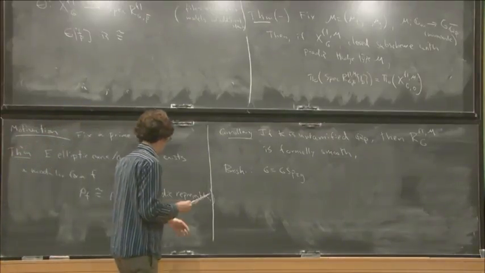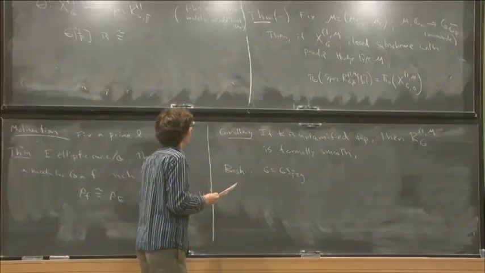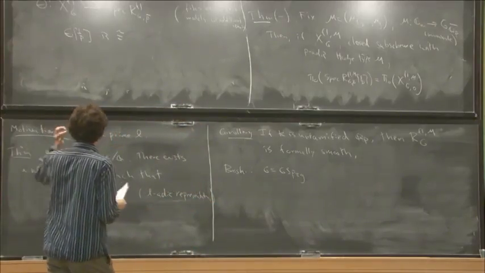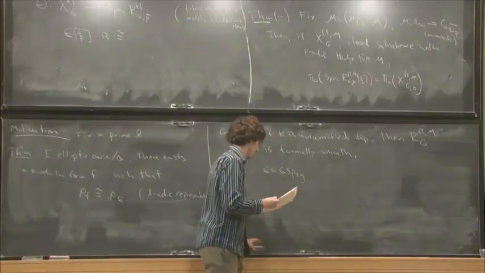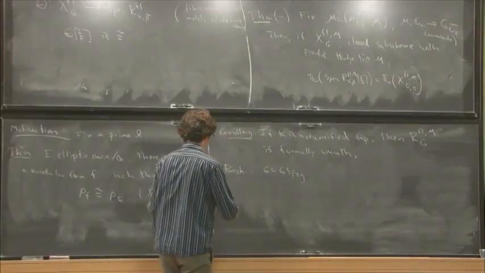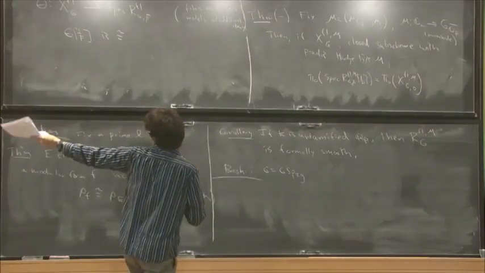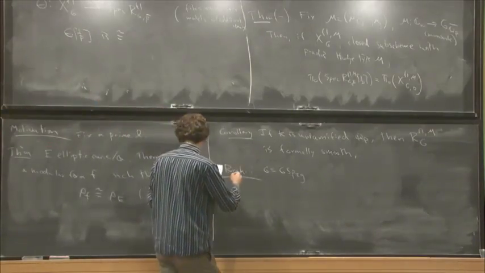Okay, so I want to say a few words about the technique, the theory that goes into this. To do that, I have to say a word about how we construct this map theta.